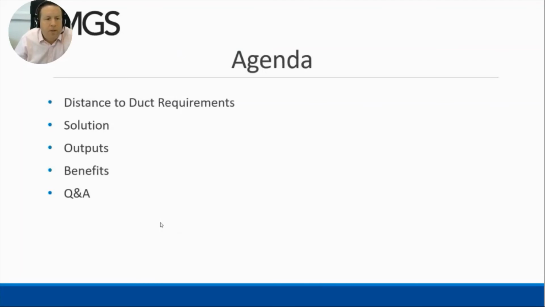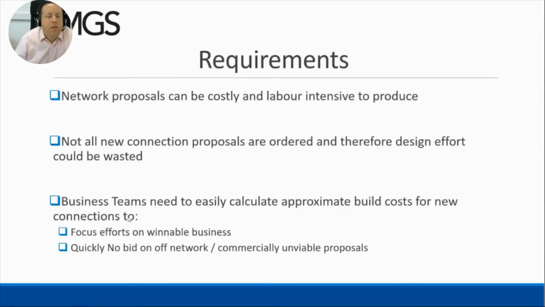So very quickly and very briefly, when we talk about distance to duct or distance to network requirements, what are they? What's the solution with FME, and what do we output and the benefits? So for utilities, network proposals can be costly and labour intensive to produce. Not all new network connection proposals are ordered.